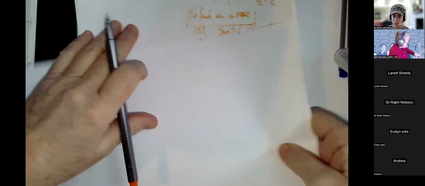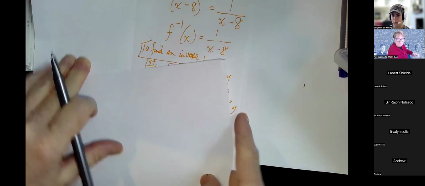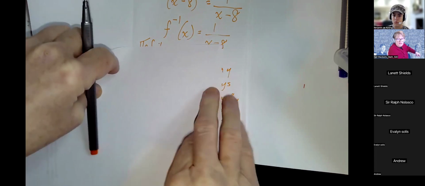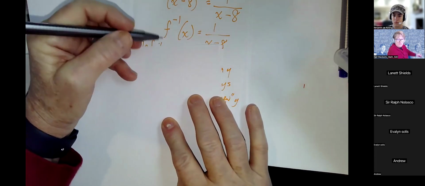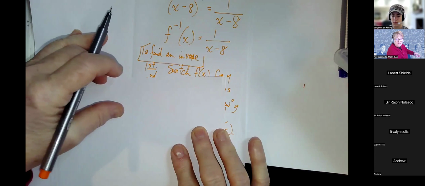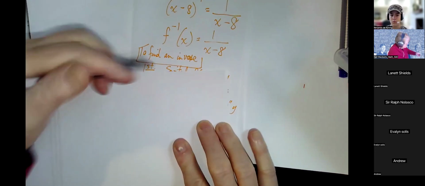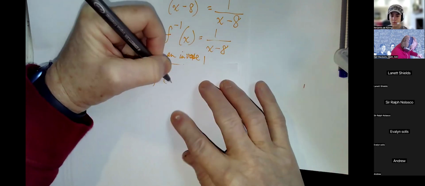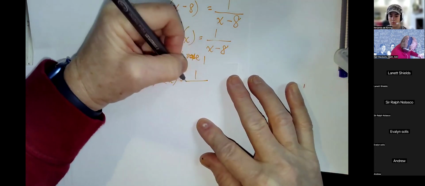Okay. So we're going backward, which is fine. So instead of f inverse, we want to put y. So start with f inverse of x equals 1 over x minus 8.